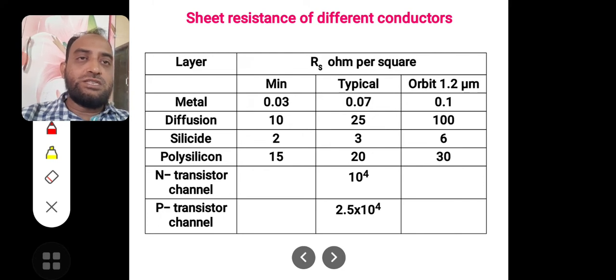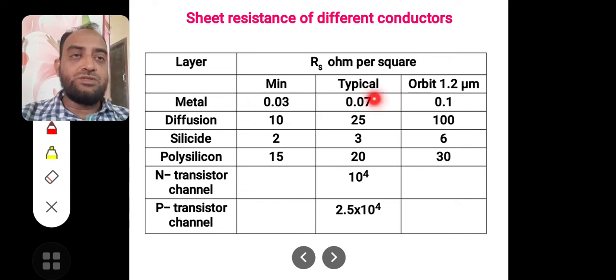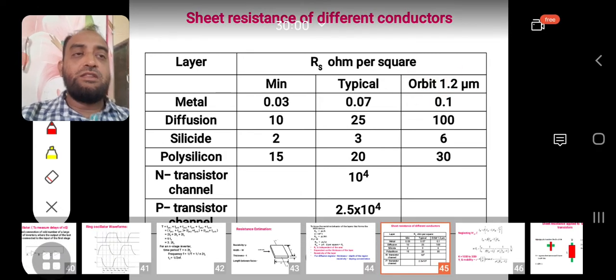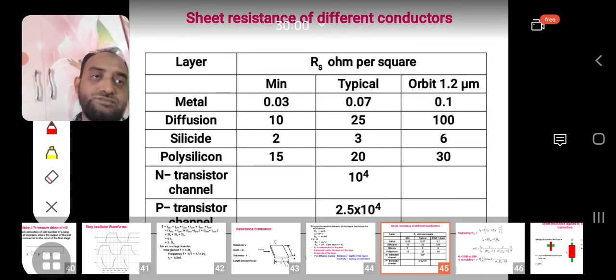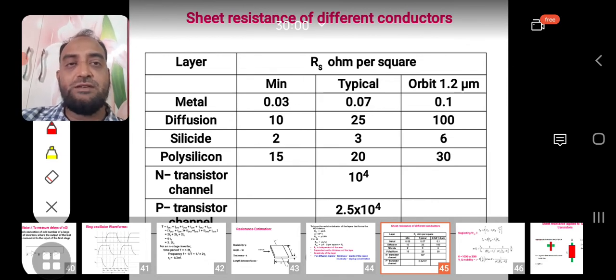Now the sheet resistance of different conductors is given in this table. If it is a metal, the sheet resistance will be a minimum of 0.03 ohms and typically 0.07 ohms, and for 1.2 micrometer technology it is 0.1 ohm. This is how the sheet resistance of metal changes.